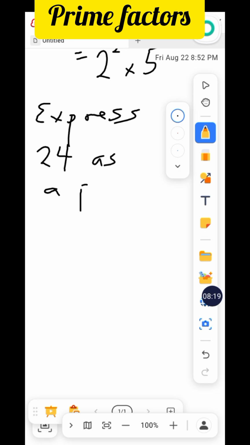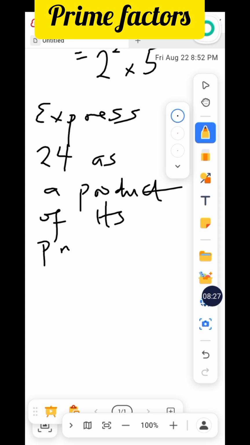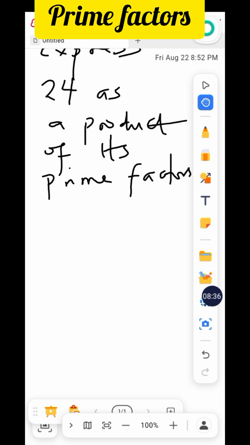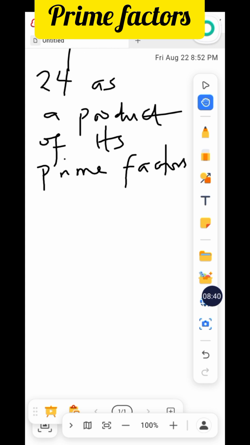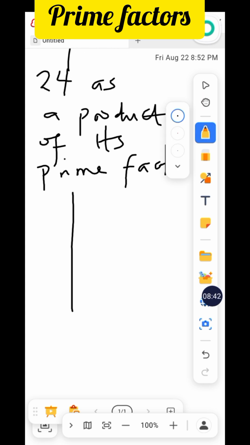The next one, express 24 as a product of its prime factors. So what are we expected to do? You break down your 24, just like we have done previously.